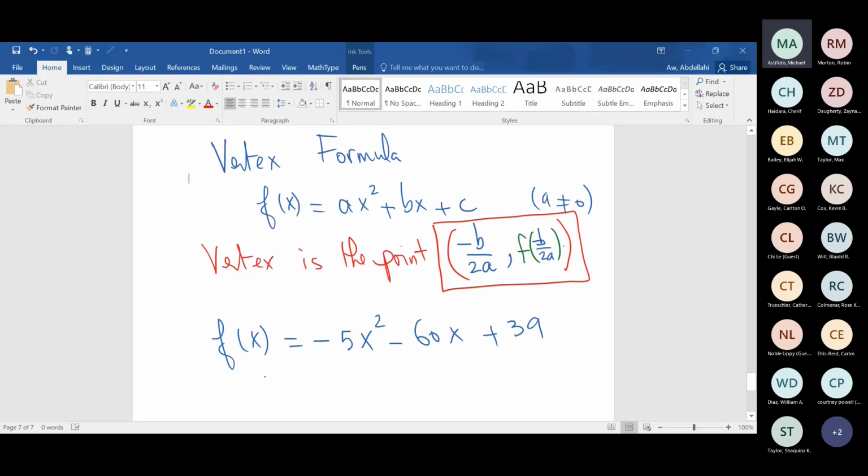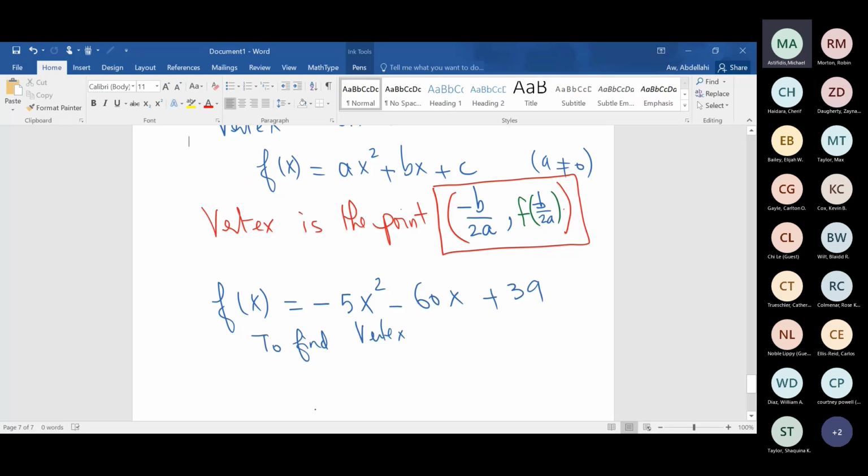First, we write negative b over 2a. a is negative 5, b is negative 60. So it's going to be 60 over 2 times negative 5, which is 60 over negative 10, which is negative 6. Isn't it negative 6 here?